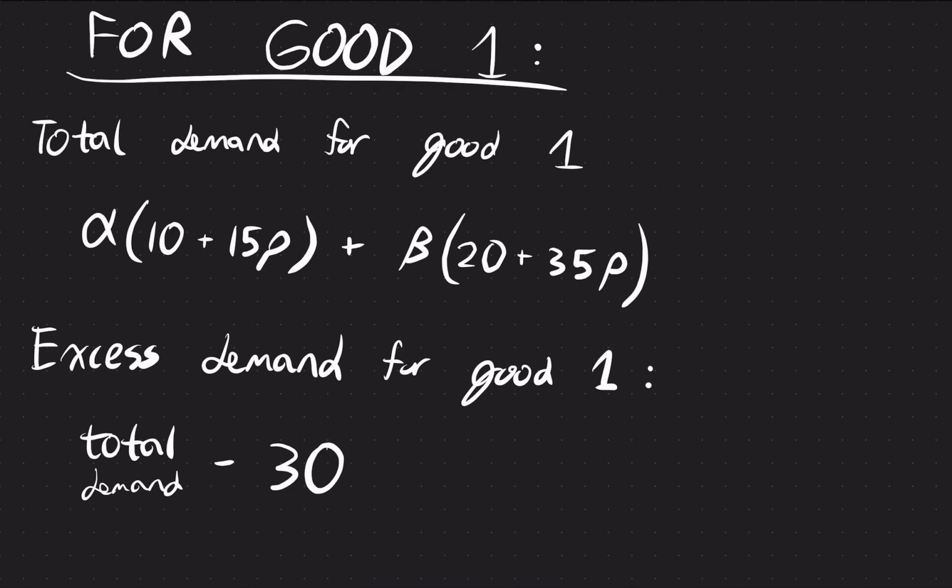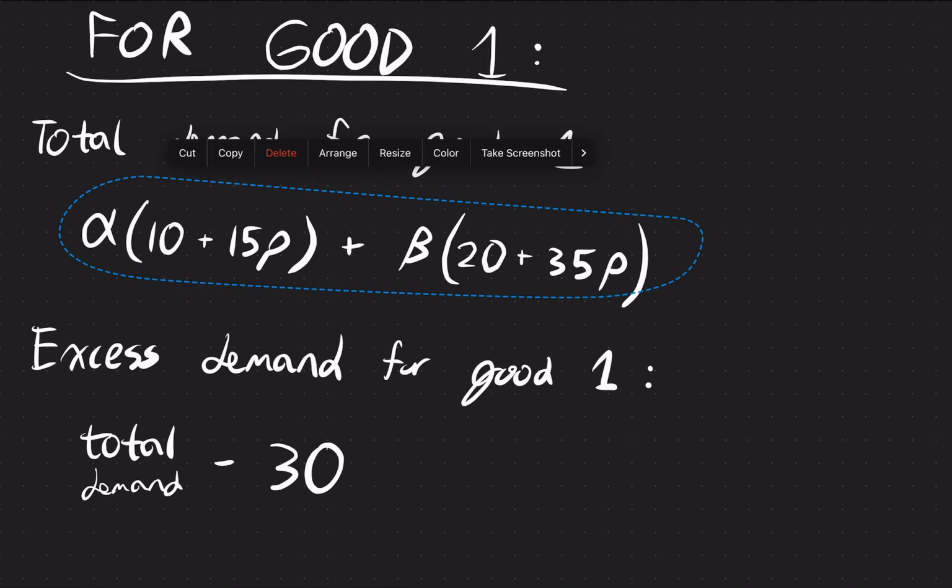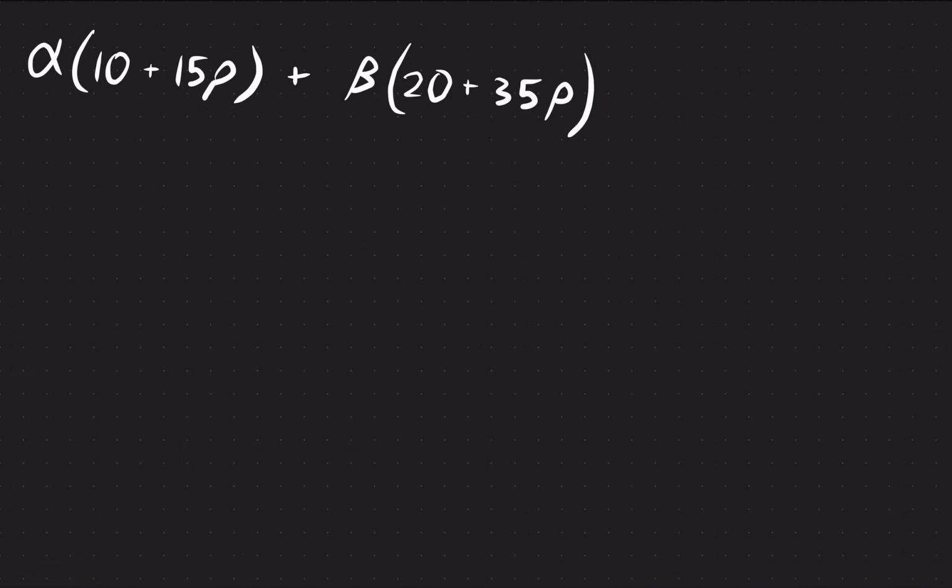And what we want to do to find a Walrasian equilibrium, we've already assumed both people are utility maximizing given their budget constraints, so that checks off the individual optimality. Now we just need to check off the feasibility. So we're going to set this equal to 0. The amount that they demand is equal to how much we have. So we're going to set this equal to 30.